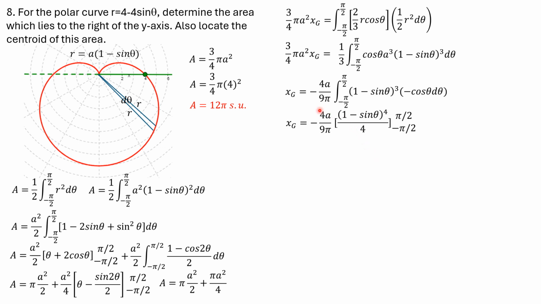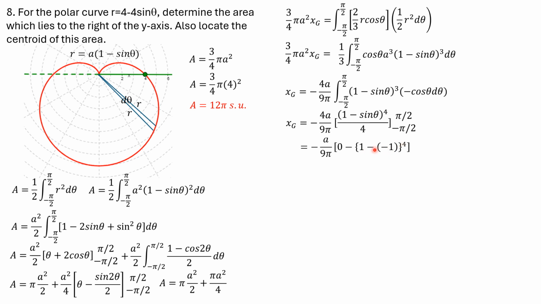So we can cancel 4 and write this as negative a over 9 pi, and quantity 1 minus sine pi over 2 is 0. Then 1 minus sine of negative pi over 2 is 1 minus negative 1, to the fourth, because sine of negative pi over 2 is negative 1. So this is 2 to the fourth, or 16.